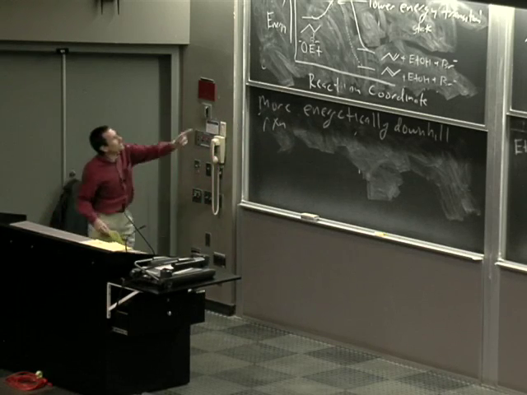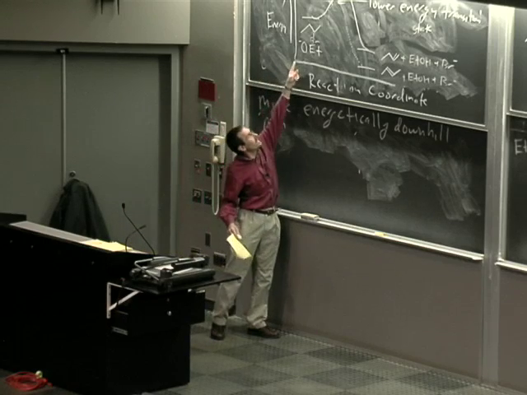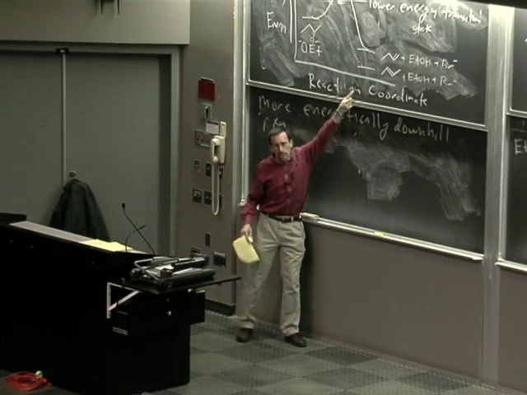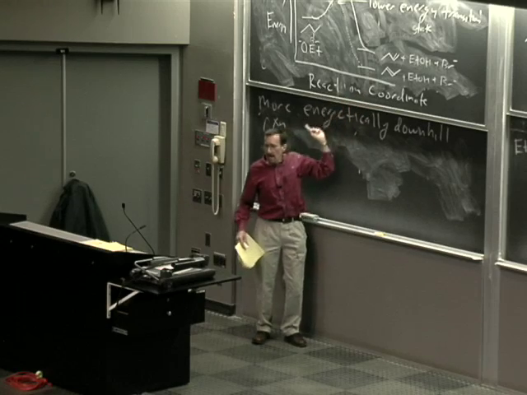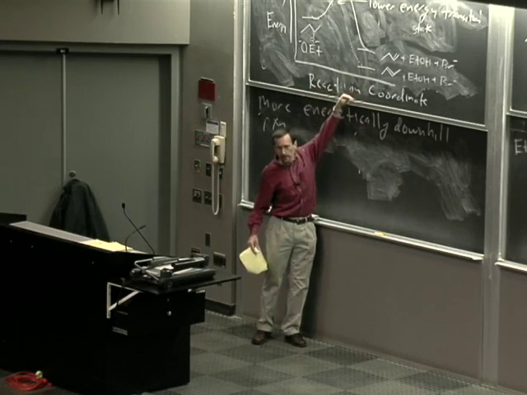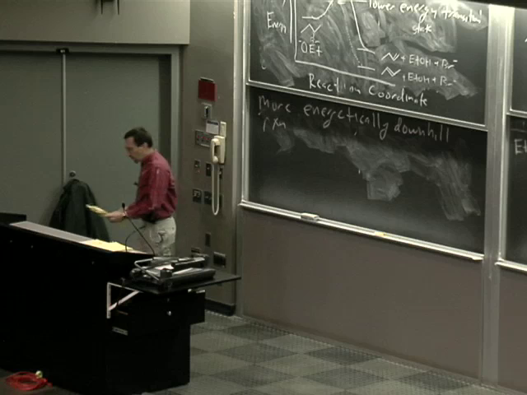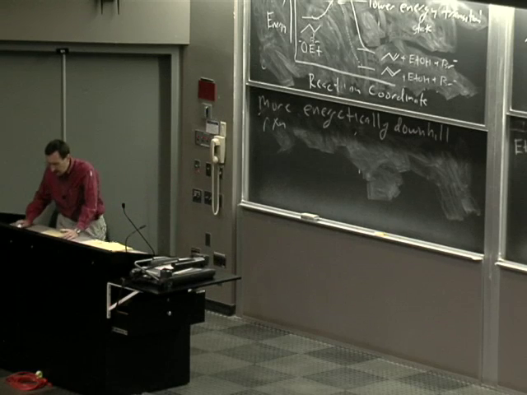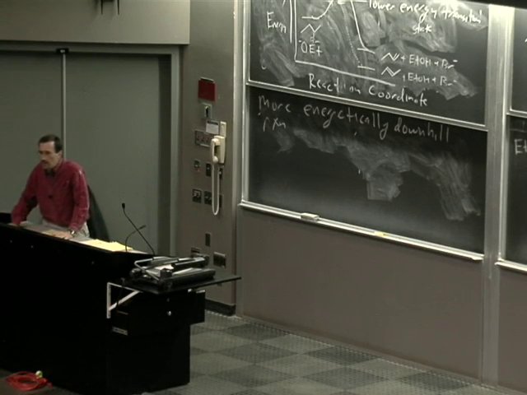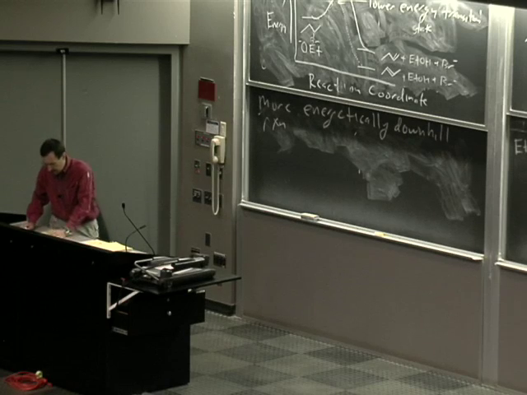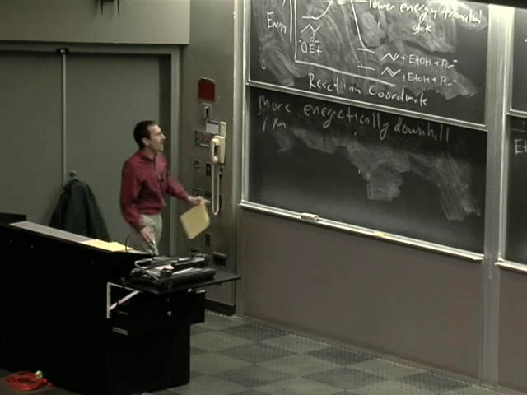I mean, this is almost intuitive. If I'm getting from here, from the reactants, to a low energy product, I've got to make that hump earlier. So what we're saying here is the transition state is going to be even more reactant-like.